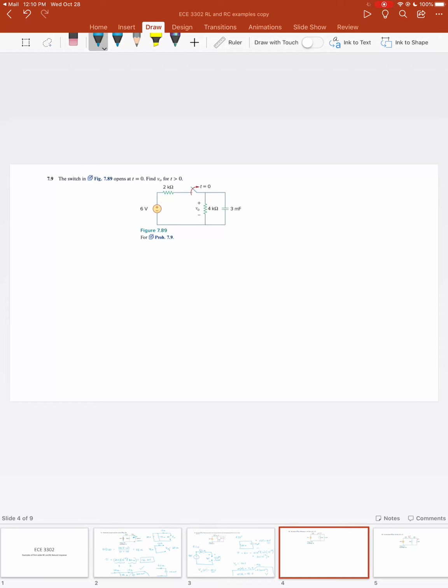Okay, so in this problem we have the same kind of thing. We have basically a situation before the switch opens and a situation after the switch opens. So before the switch opens, so for t less than 0, or t equals 0 minus, right before the switch moves, we have 6 volts, 2 kiloohms. The switch is closed, 4 kiloohms.